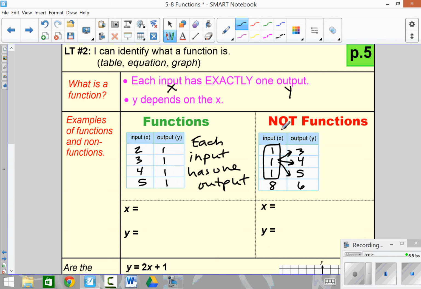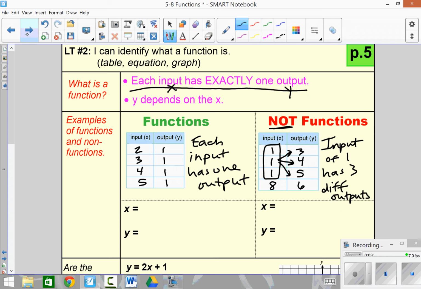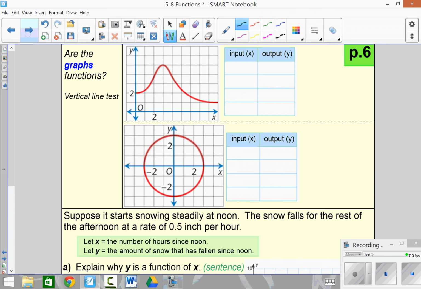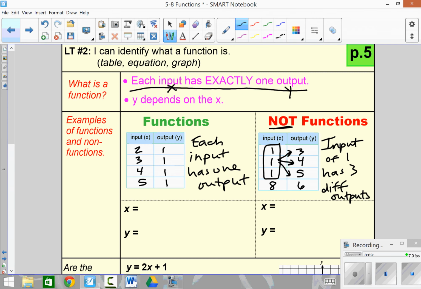So this is not a function because the input of 1 has 3 different outputs, which breaks the rule that each input has exactly one output. Going back to the function machine, if I put a 1 in here, out is going to come a 3, a 4, and a 5. That breaks the rules because each input has to have one output. So, an example of a function, and an example of not a function.